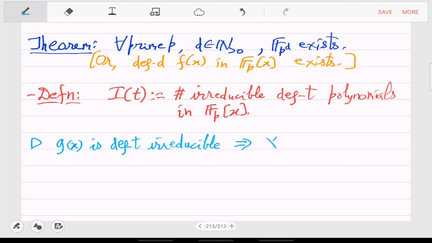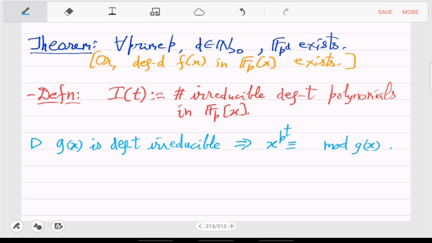Then what can you say about x to the p to the t mod G(x)? What do you think this is? I mean, since I want to go over all the degree t irreducibles, I want to count them, I want to prove some properties. So here I want to try to understand what is x to the p to the t mod G(x).